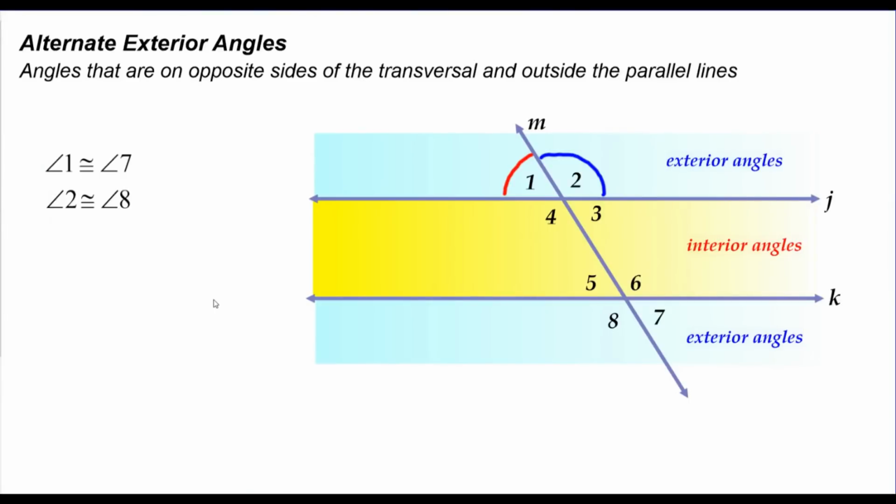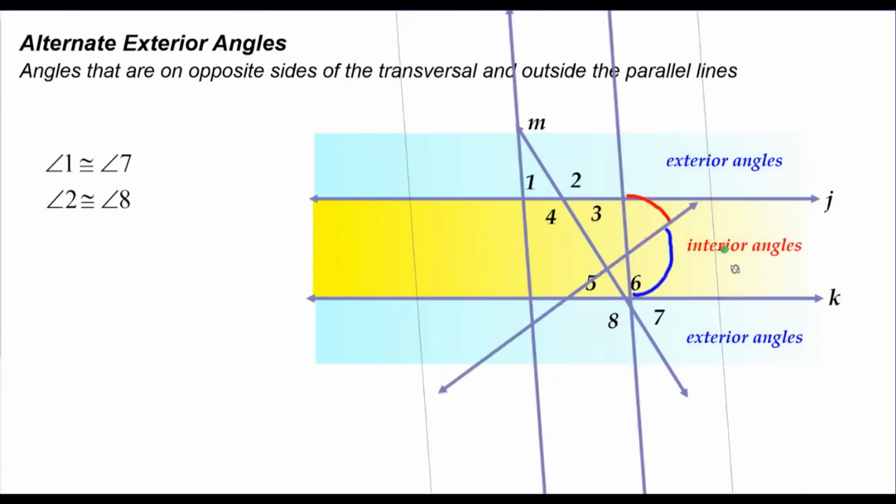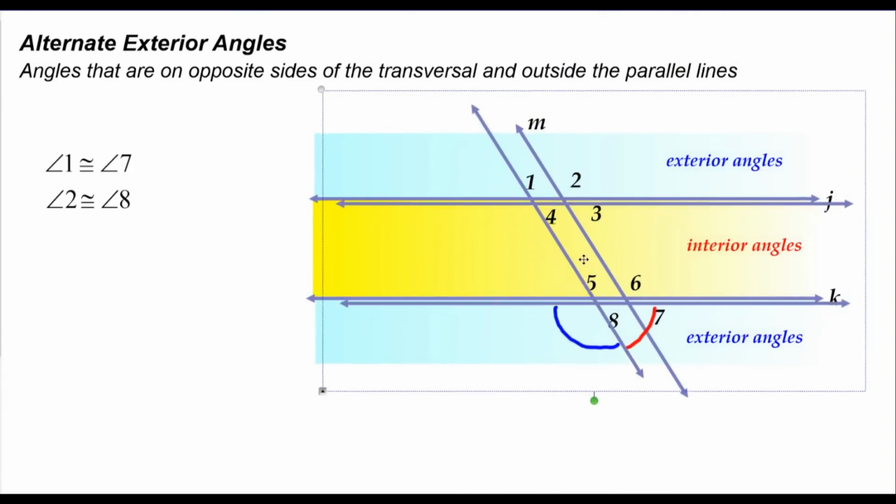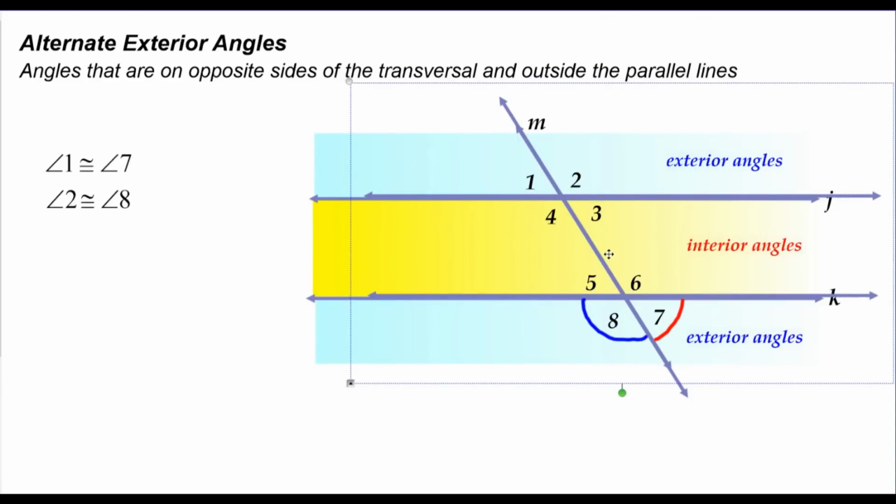Alternate exterior angles, kind of the same story, but they're on the outside of the parallel lines. So again, angle 1 is my red angle and angle 2 is my blue angle. So if I take these parallel lines and flip them and then reline them up, you'll see that the blue angle is on angle 8 and the red angle is on angle 7. So I know that angle 1 and angle 7 are the same, and angle 2 and angle 8 are the same.